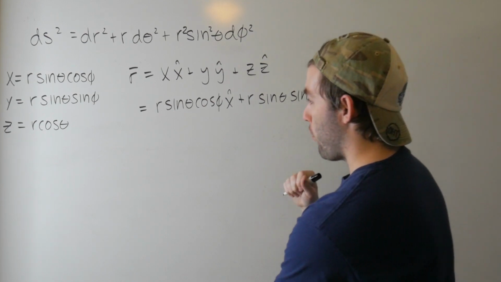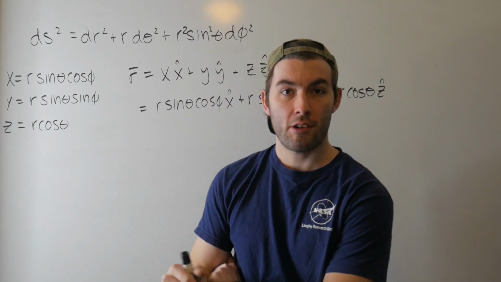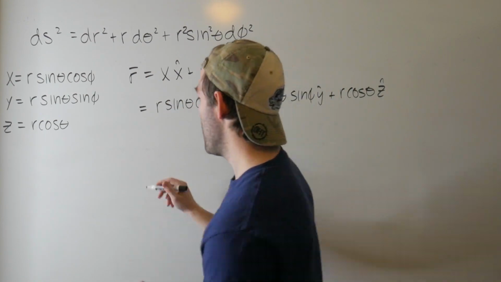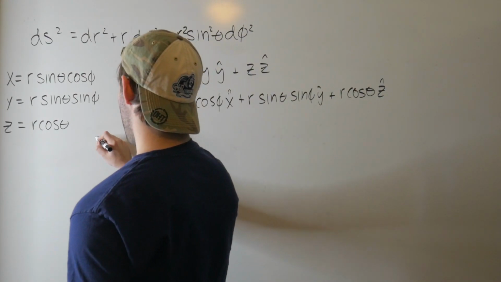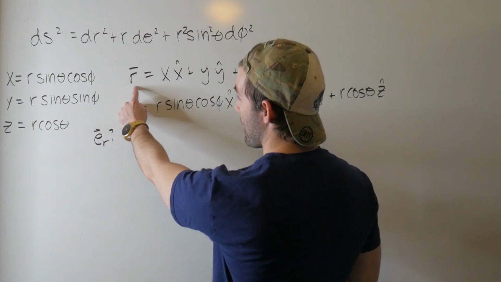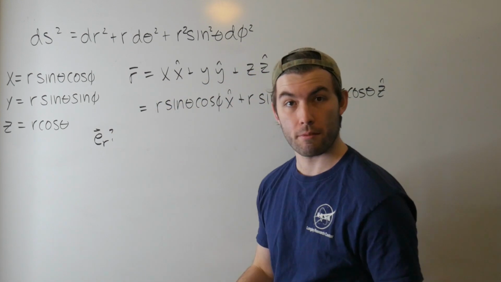Great. The way that we calculate what the basis vectors are is we take the derivative of the position vector with respect to that coordinate. So for example, if we want to calculate E sub r, it's going to be the derivative of the position vector with respect to r.